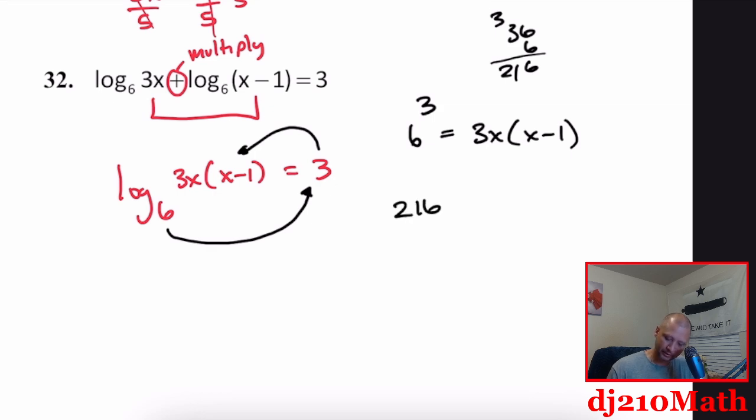So 216 equals, now we're going to distribute, 3x squared minus 3x. Okay, and this is a quadratic. I'm going to subtract 216 from both sides.